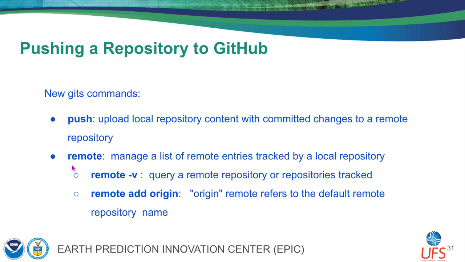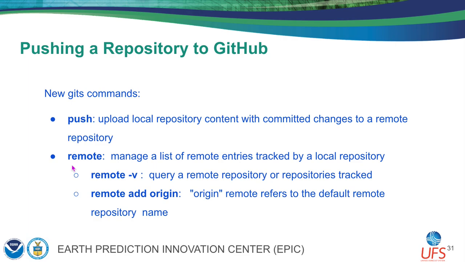And git remote will let us manage a list of remote entries that are tracked by local repositories. Remote -v will query the tracked remote repositories and will show us the type and the addresses.